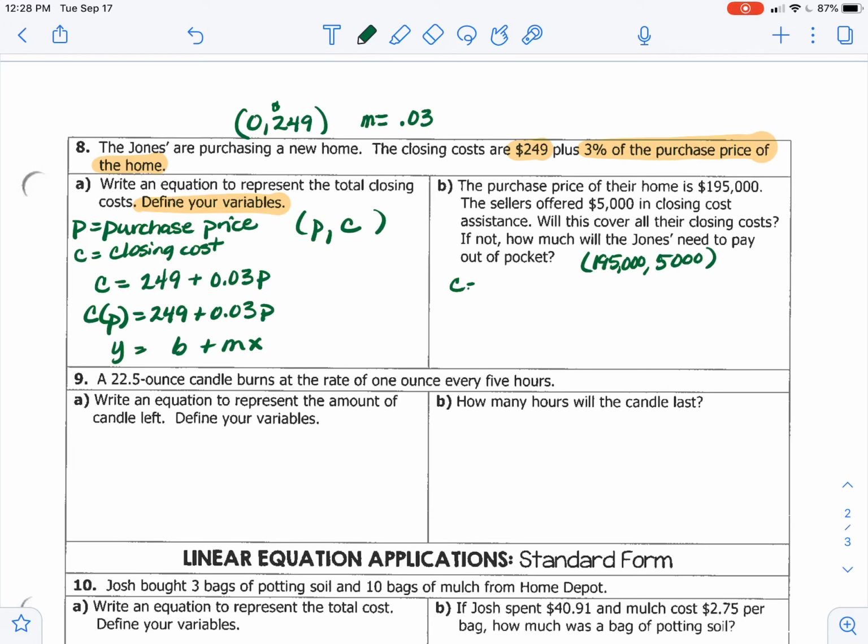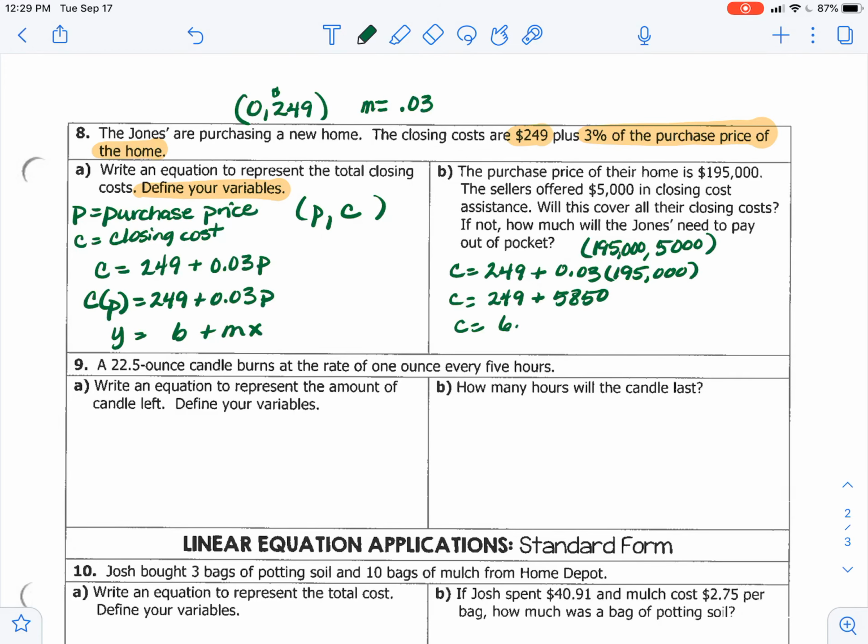So the closing cost is $249 plus 3% of the sell price. Okay? And so again, you can run that through your calculator. So 195,000 times 3% is $5,850 plus the $249.